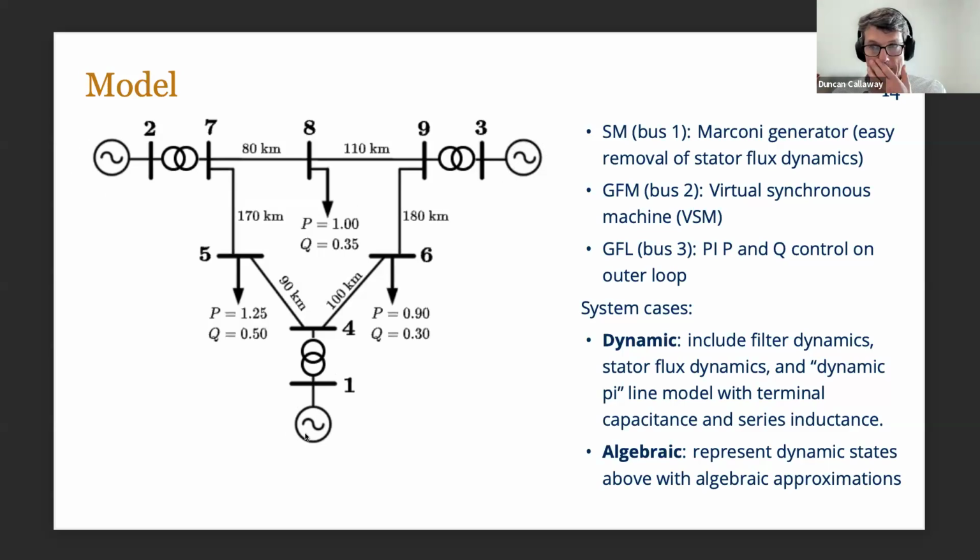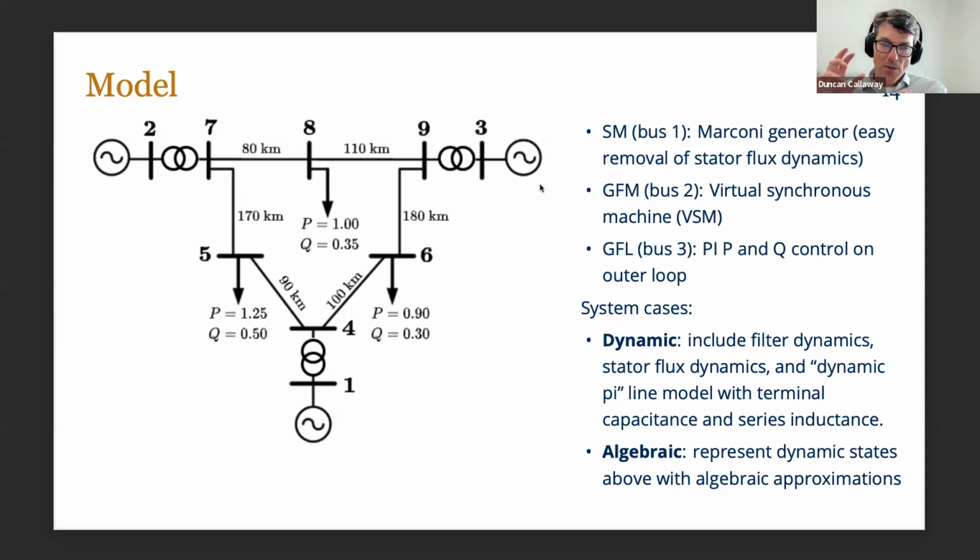We used the Marconi generator model at bus 1 because we can easily remove the stator flux dynamics from that model, just cancel it out. We used a virtual synchronous machine at bus 2 for the grid forming inverter. And then the grid following inverter at bus 3 has the standard PI control loops on real and reactive power on the other loop.